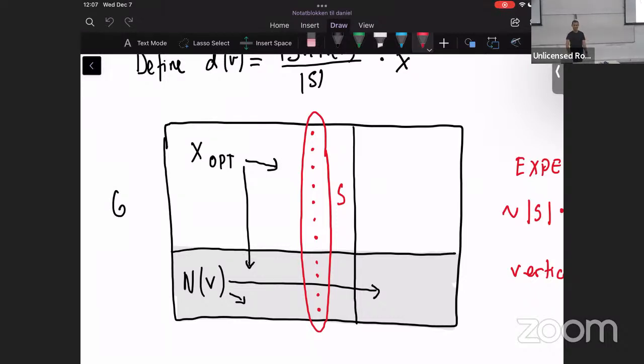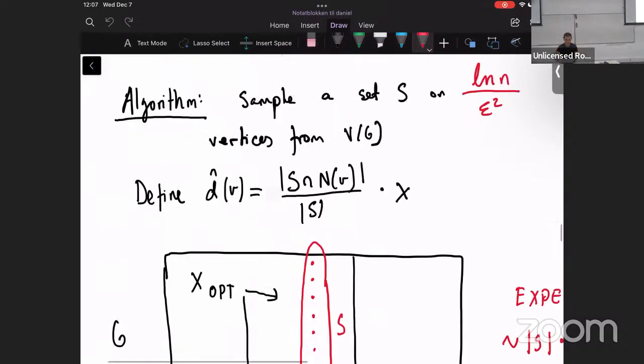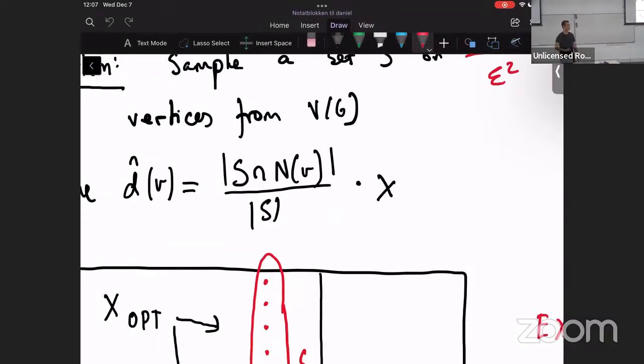So using that, I can now recover the size of N(v) intersection X. Now suddenly this makes sense. This is the recovery. This is my estimate of N(v) intersection X, based on how many vertices of the sample ended up in N(v).